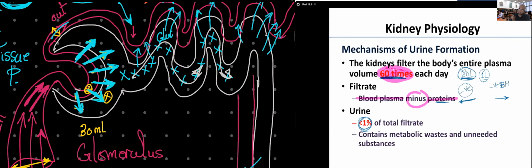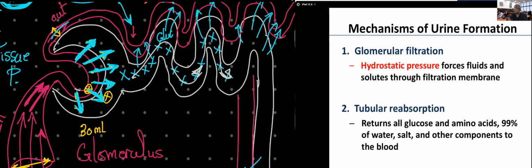This less than 1% of the filtrate is going to contain most of the metabolic waste and the unneeded substance. So we're looking here at just 1% of the filtrate, but it contains most of the metabolic waste, most of the unneeded substance. 3 steps of the urine formation.